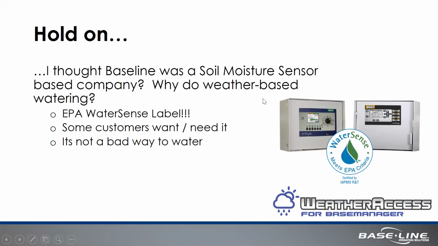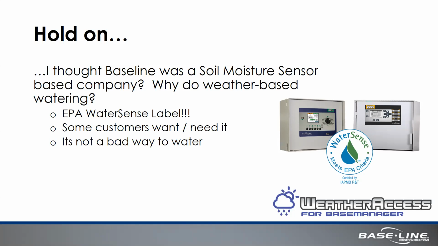Now, for those of you that know Baseline and know how we came to the industry and the fact that we have built our business and our control system around soil moisture sensors, may ask, why are we doing weather now?